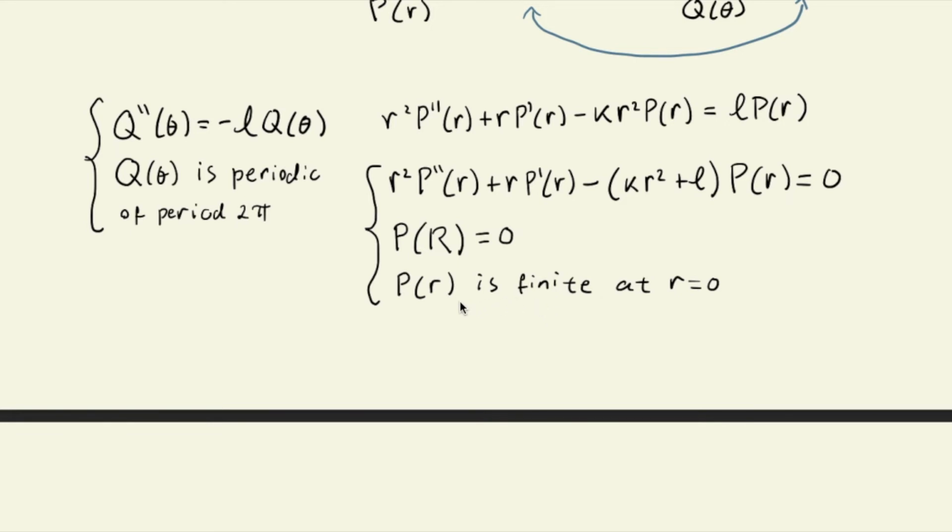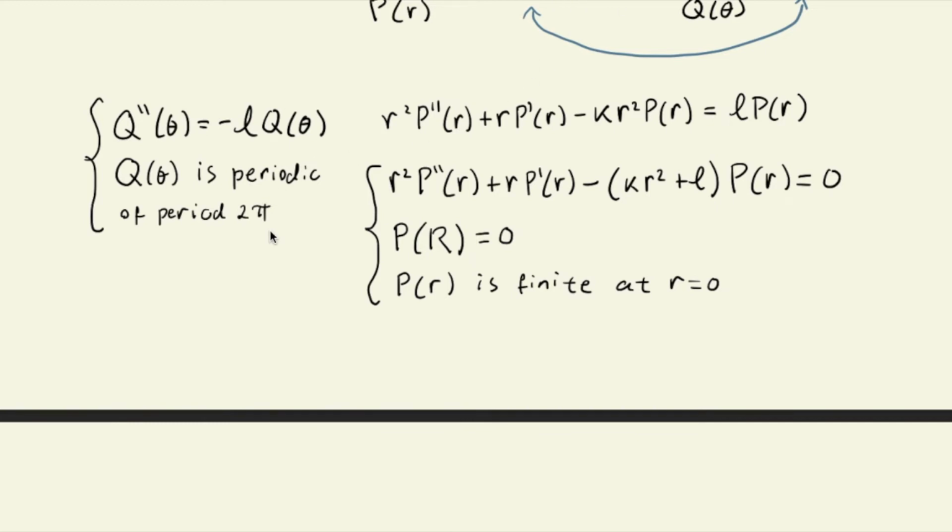Which is not good. So I'm going to add that as a boundary condition, although it might be a little bit more subtle than that. But, right, we just need to solve these two problems. The problem for Q we have already solved in a video actually. So we're trying to find an eigenfunction of the second derivative operator. You can see it through that perspective. And we have computed those. It has to be an eigenfunction, and it has to be periodic of period 2 pi.